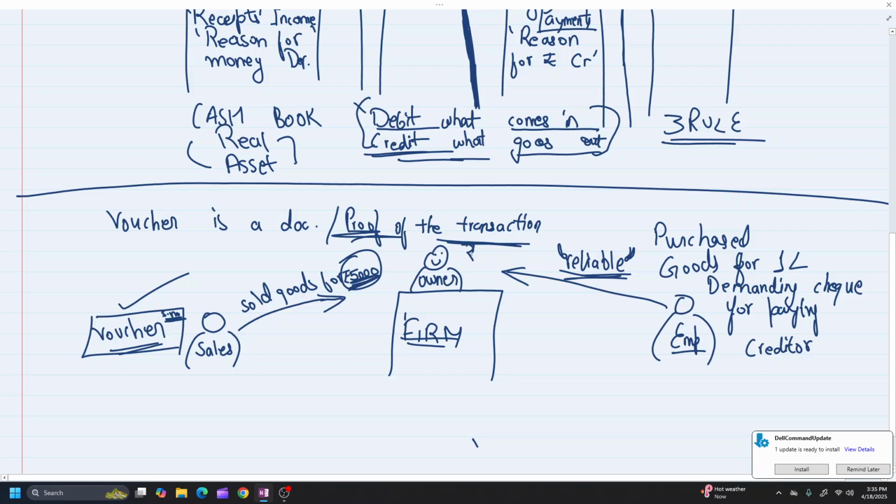Now you will be like, huh? How would I know that he is going to pay this 1 lakh to the creditor only? We purchase goods. What if he takes the 1 lakh check and runs away?